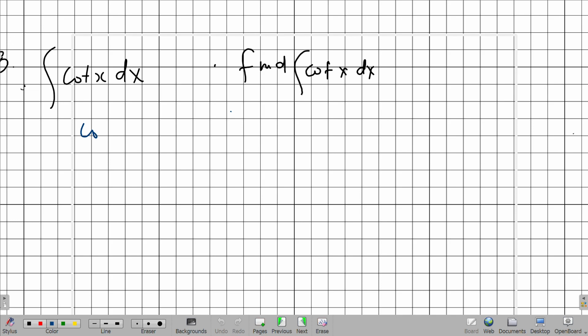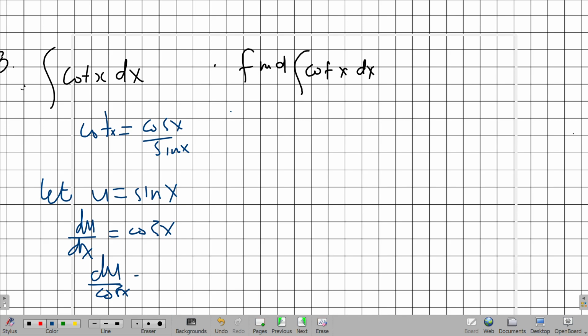Again, quickly check that this is cos x over sine x. So if we say let u be equal to sine x, du over dx is cos x. So du over cos x is dx. So this is equal to the integral of cos x over u times du over cos x.